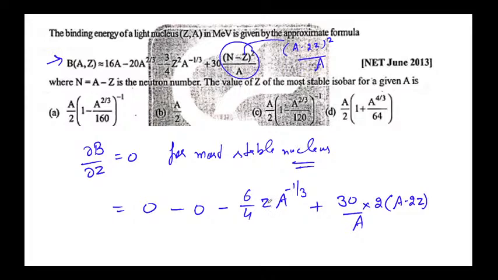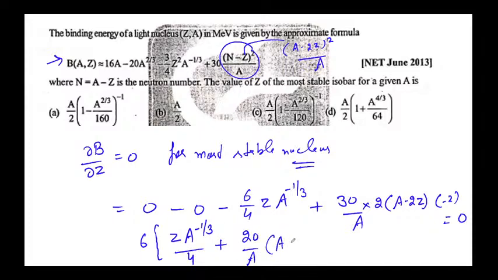So 2 comes ahead and here there is minus of 2. So this is equal to 0, and while solving what we get is Z A to the power minus 1 by 3 over 4 plus 20 over A minus 2Z, that is equal to 0.